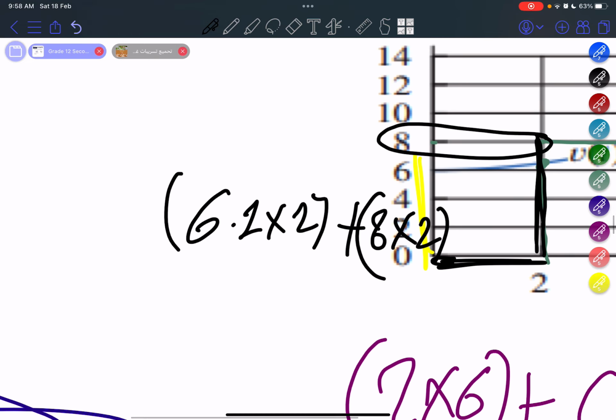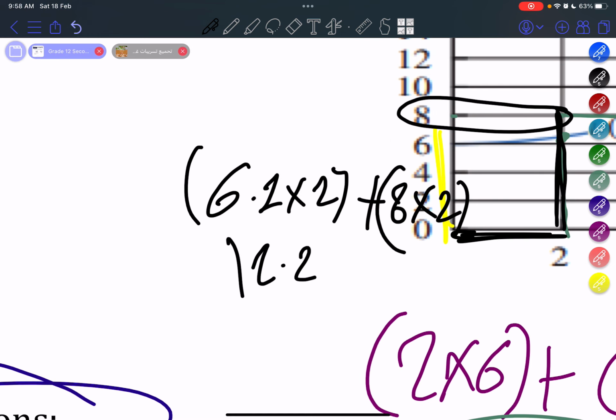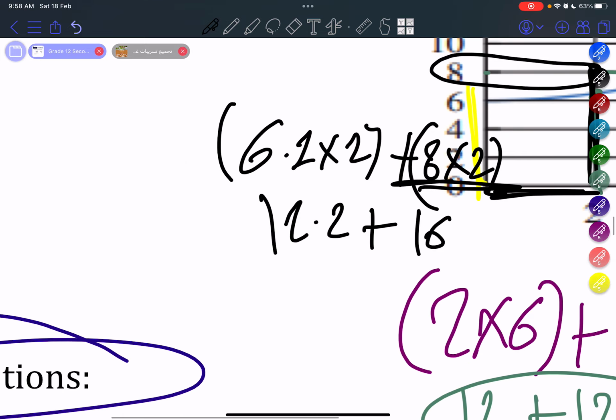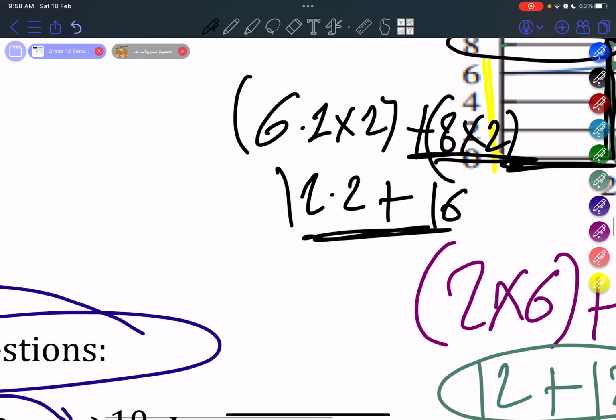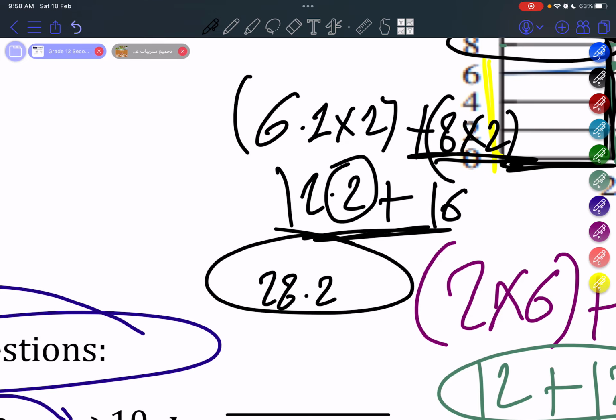So 6.1 times 2 will be 12.2, plus 8 times 2 will be 16. Now we will add them up, so 12 plus 16 will be 28 plus 0.2, because we add the 0.2 here.